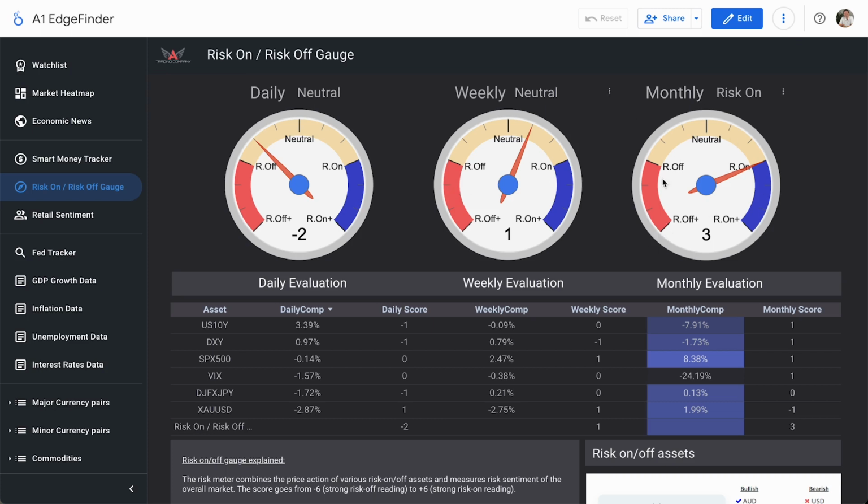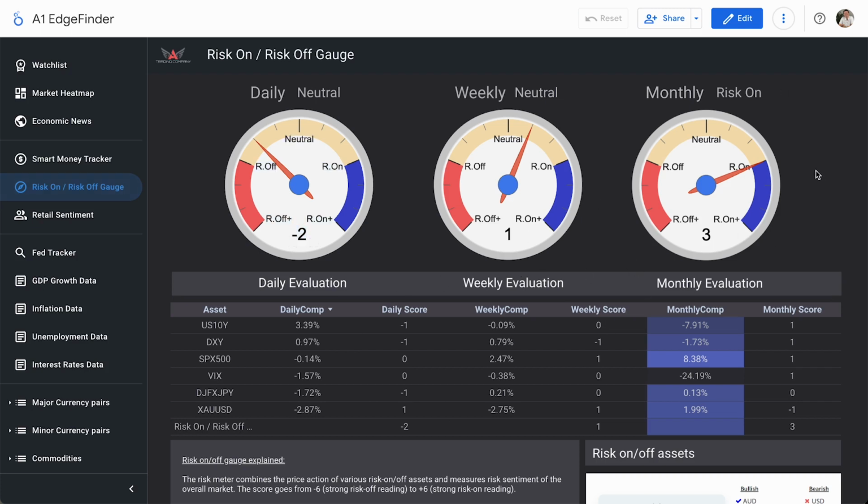Each day that it goes on, it's going to continue to add scores into the monthly section so that we can keep up with it. And we actually have our is it up or down on the week here and the month as well, along with its running monthly scores, so you can see how we're ending up at each of these scores here. So really cool feature.